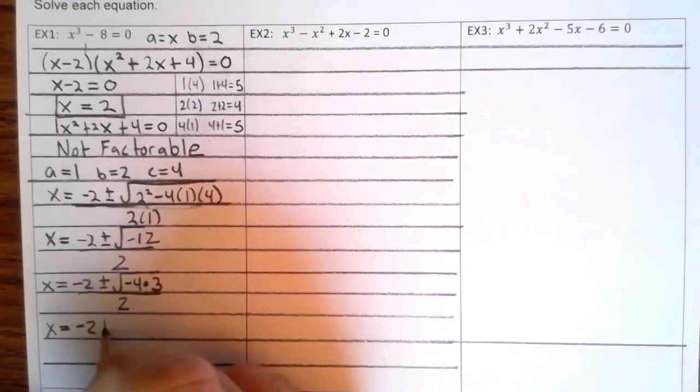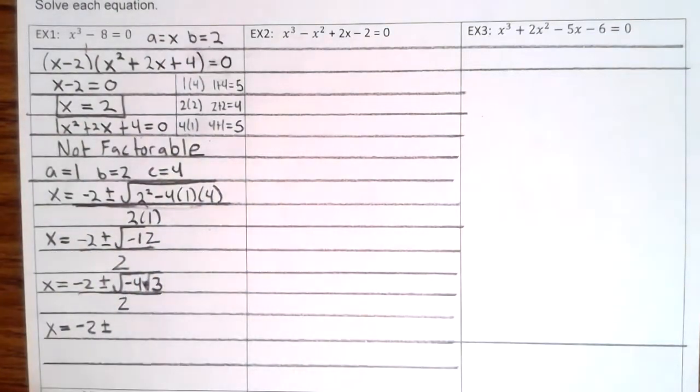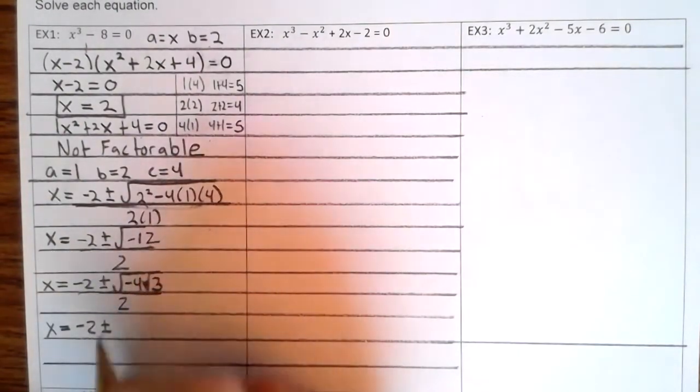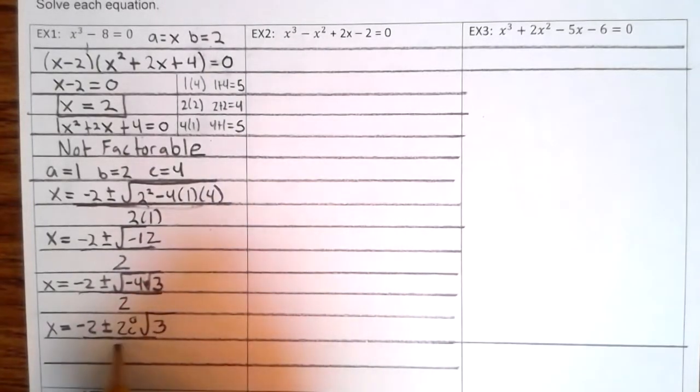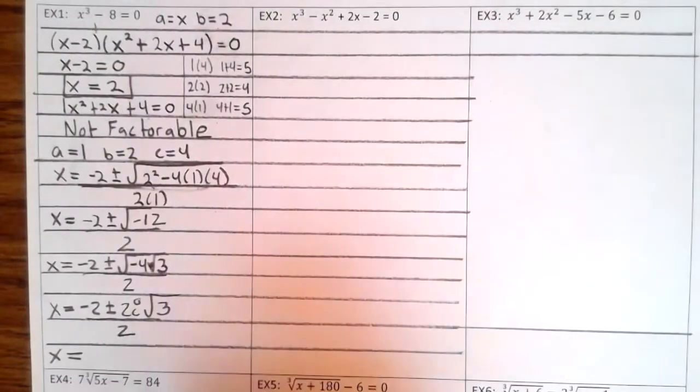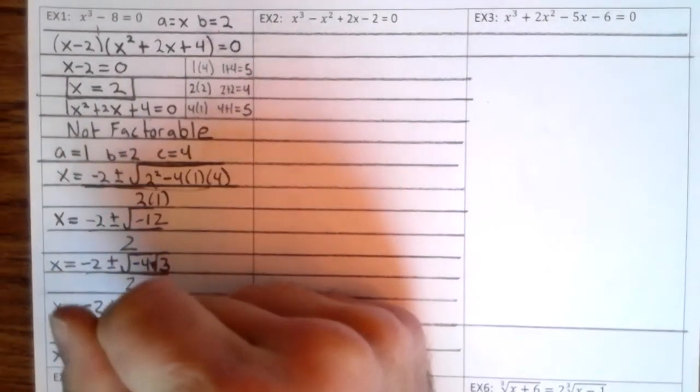Now we can take the square root of these separately. So the square root of -4 and the square root of 3. Well, the square root of -4 is 2i times the square root of 3 divided by 2. Now we divide everything by 2. So that's -1 plus or minus 1i square root of 3.